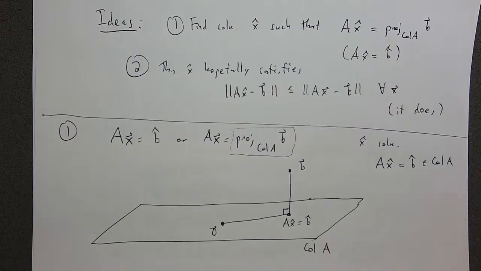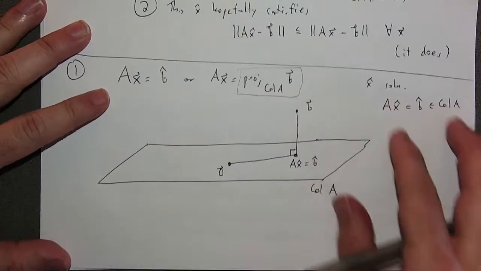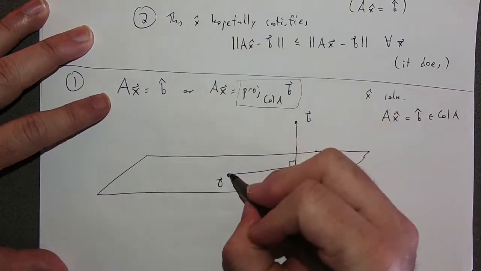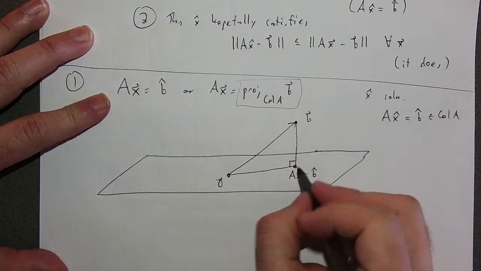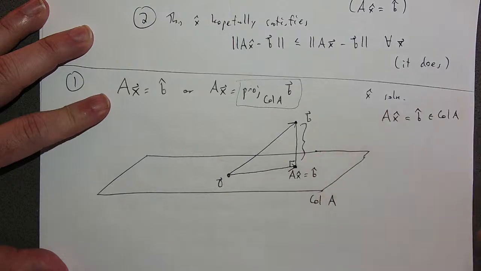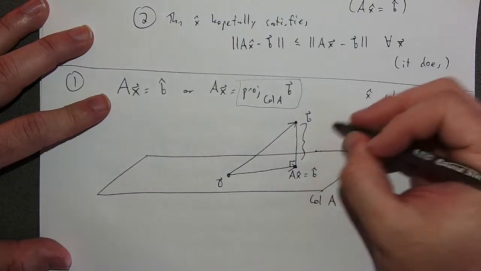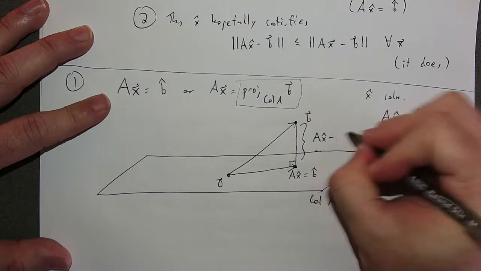So note that, for instance, if here is my vector b, and here is my vector b hat, what is this vector? All right, if I'm thinking about that as a vector, what is that? Well, by the parallelogram rule for how vector addition works here, this is A x hat minus b.